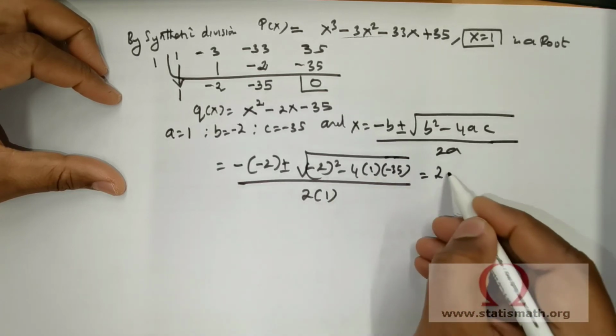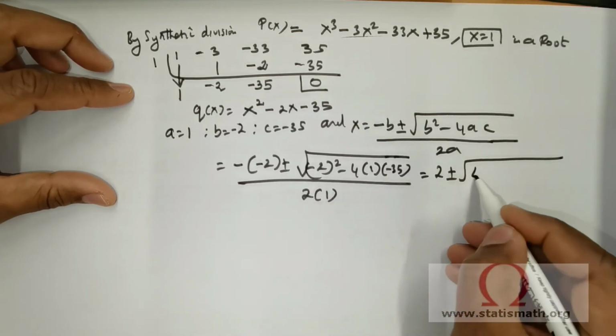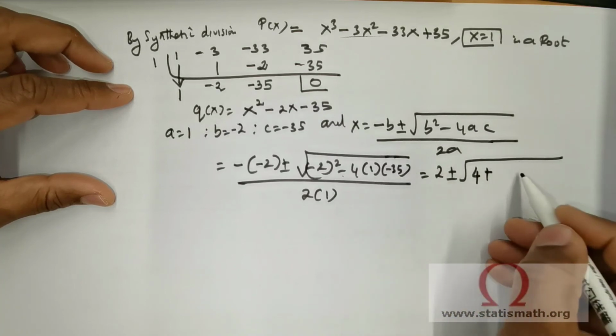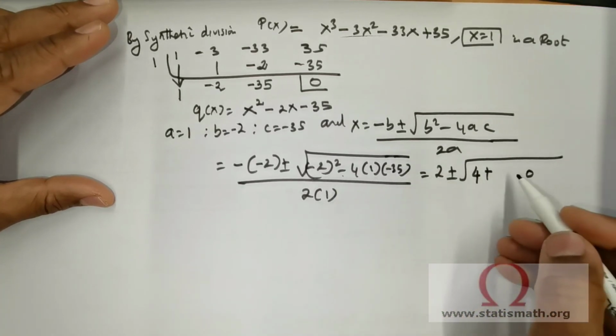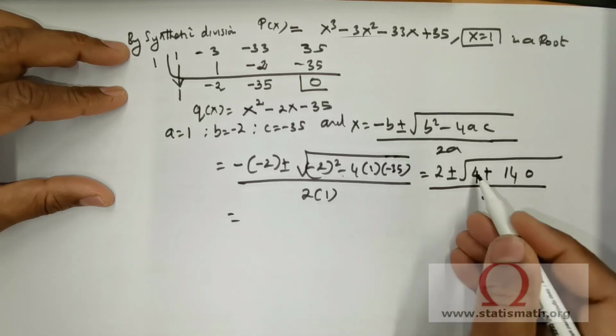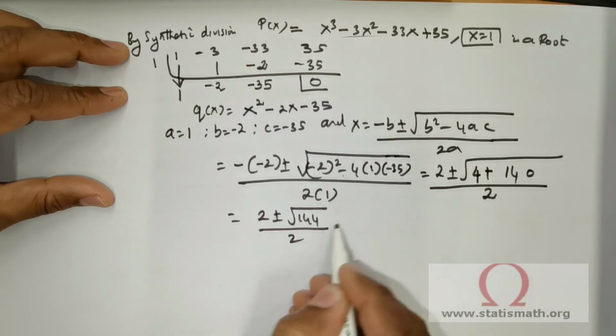Negative negative will give me positive 2, plus or minus root of negative 2 squared is going to be 4, minus negative positive, 4 times 35 is 140, divided by 2. 4 added with 140 would give me 144 divided by 2.